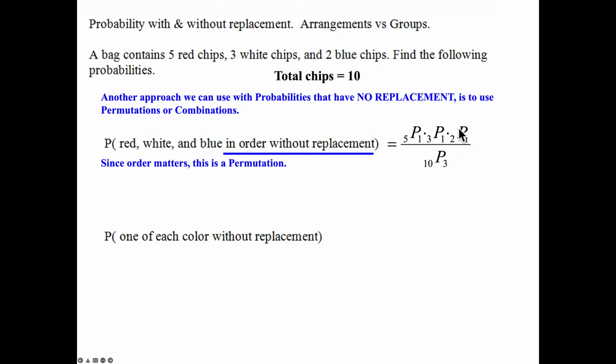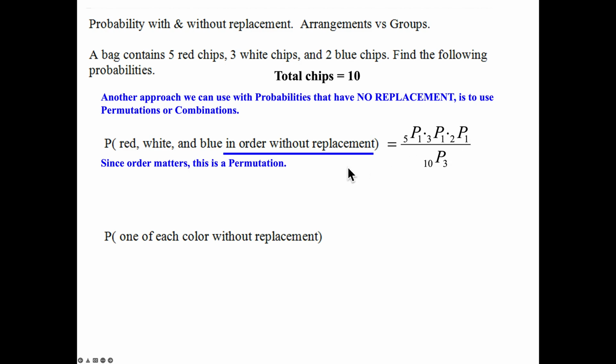All right, so now let's say you wanted to pick 6 chips, and you wanted them in order red, red, white, white, blue, blue. Then 10 permutation 6, all the ones become 2s. Or you wanted 3 red, 2 white, 1 blue: 5 permutation 3, 3 permutation 2, 2 permutation 1.